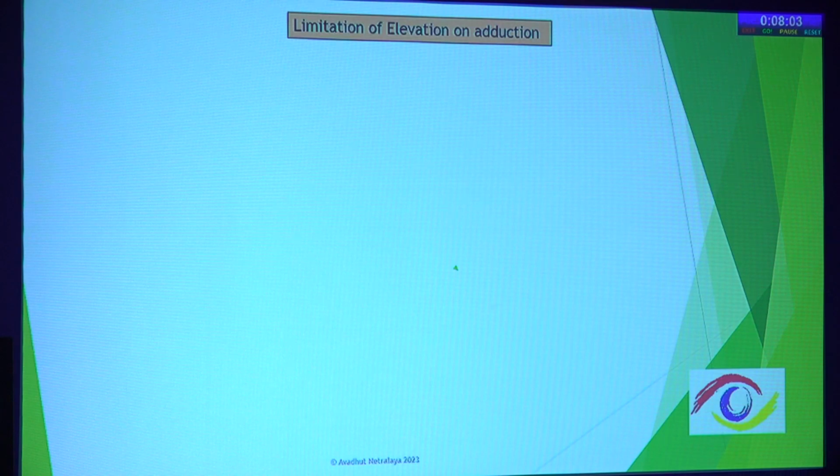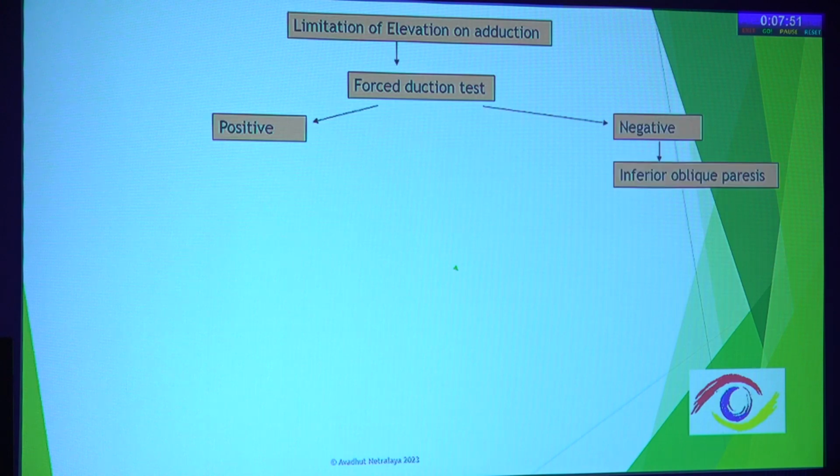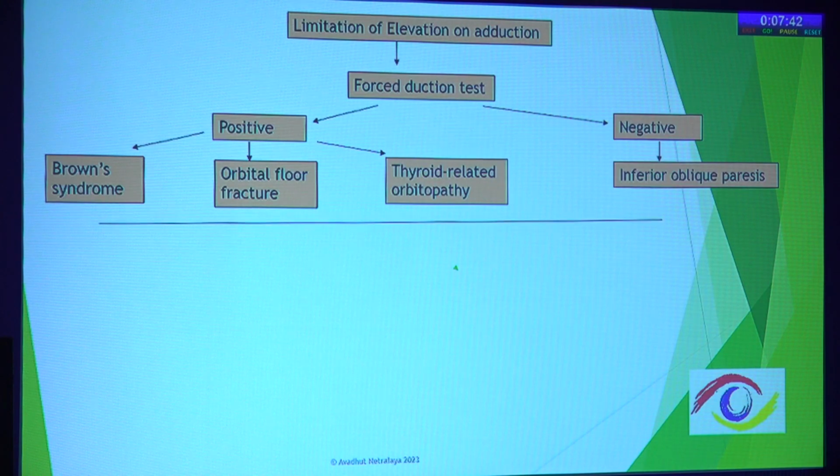So the basic management plan: any patient with a limitation of elevation in adduction, do a force reduction test to find out whether it is a restrictive variety or a paretic variety. If it is negative, we think in terms of inferior oblique paresis. If it is positive, either it can be Brown's, or rarely an orbital floor fracture or thyroid related orbitopathy.